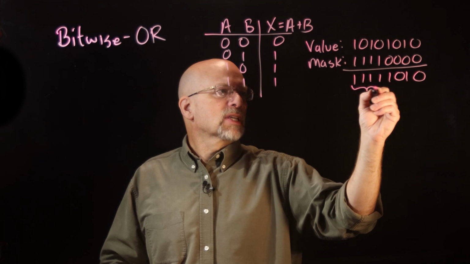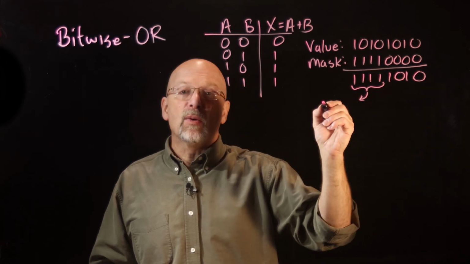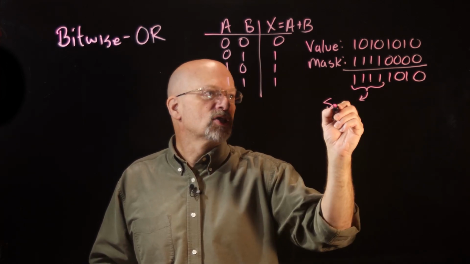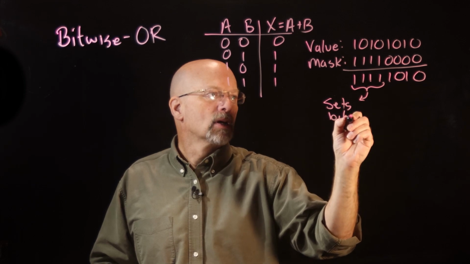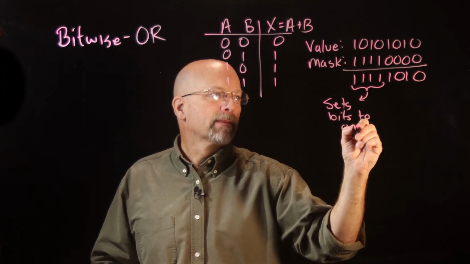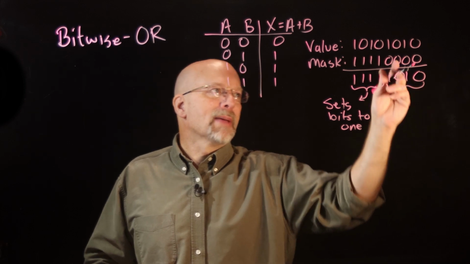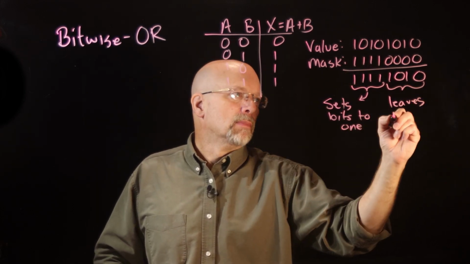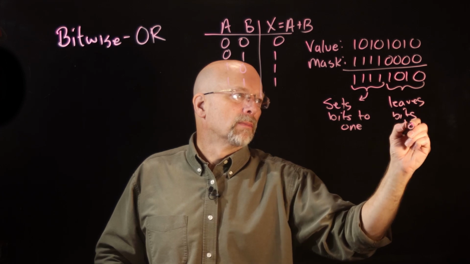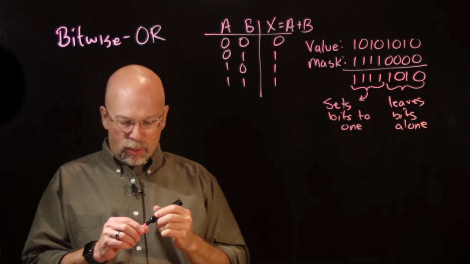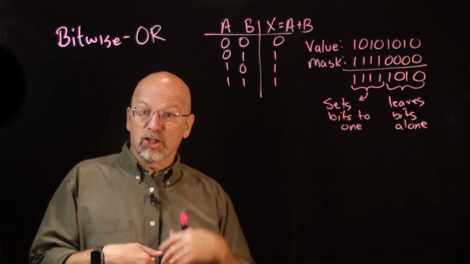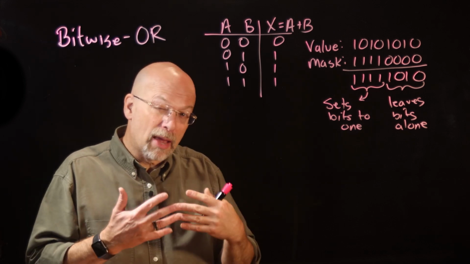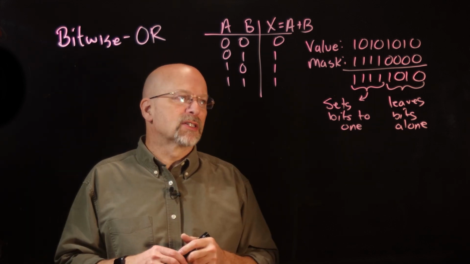Where the mask is a 1, the Bitwise-OR sets bits to 1. Where the mask is a 0, it leaves bits alone. So this gives us the ability to turn on bits, to enable bits, to put ones in specific positions.